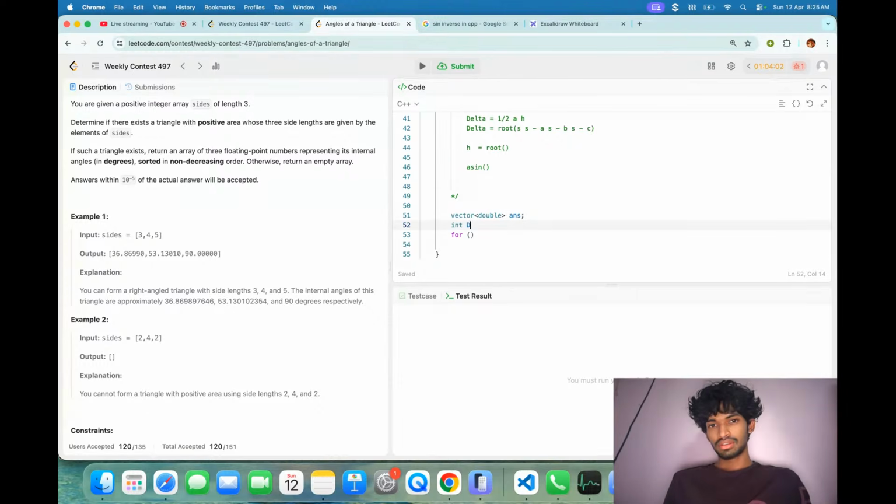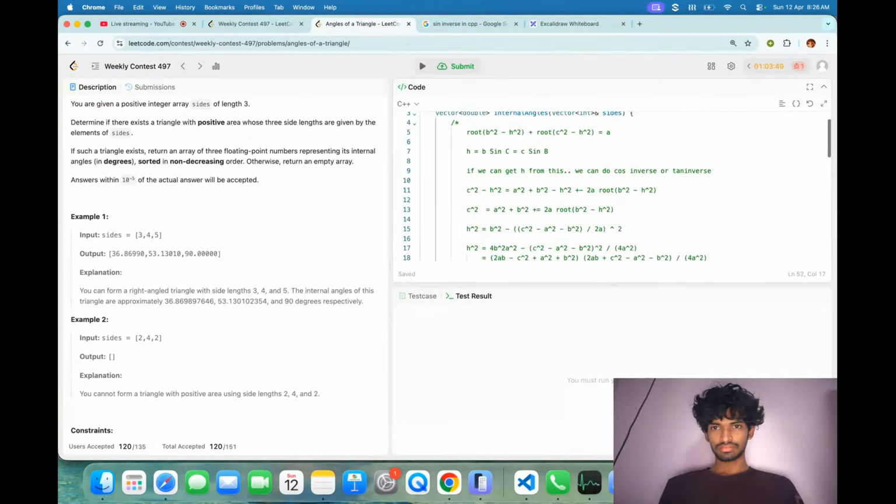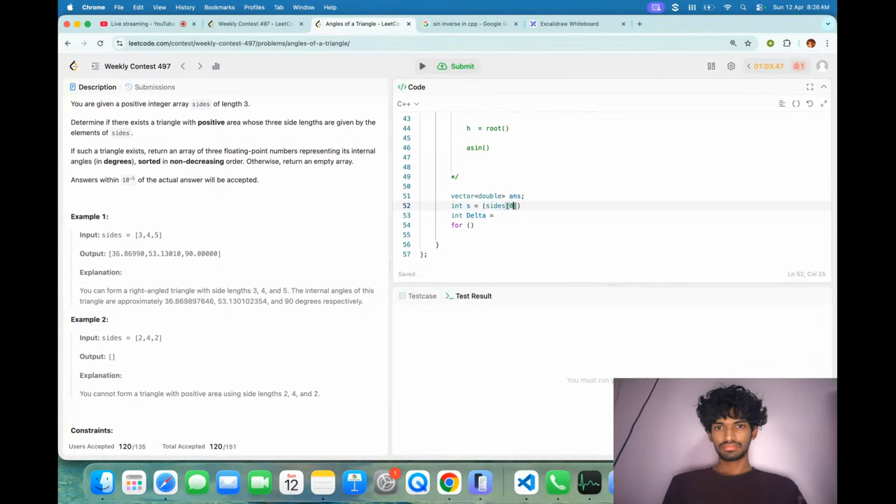Delta equals to, and S equals to, should be double.